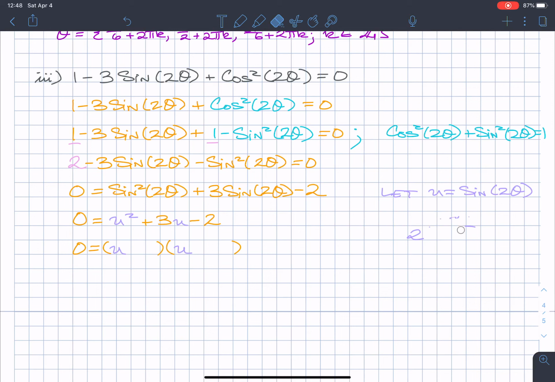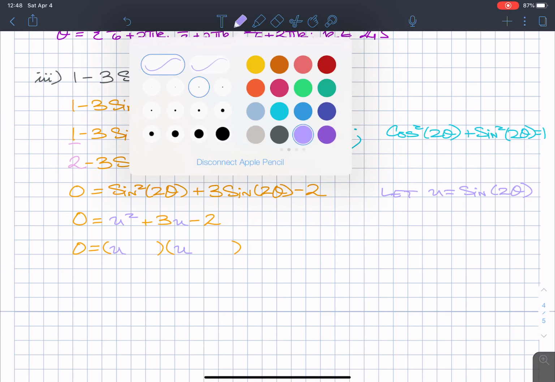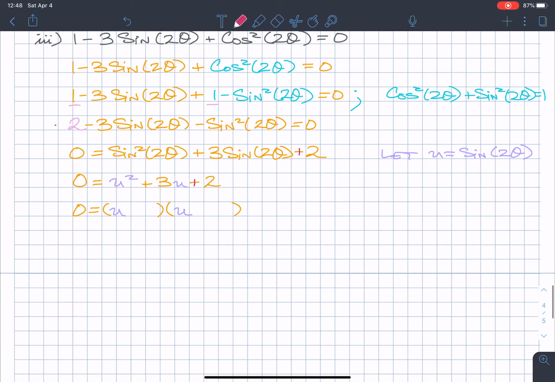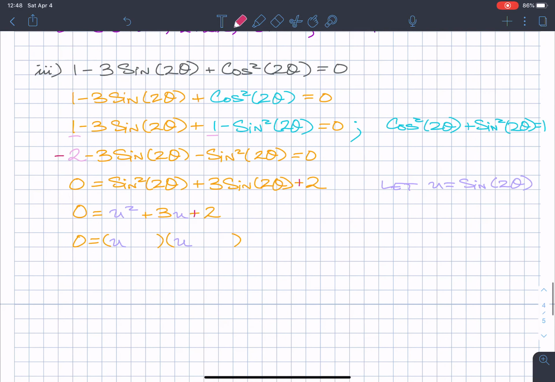So I'm going to manipulate this backwards so that it works. I would like this to be a positive 2. So this would have to be a negative 2 here, which would mean that this 1, in order to add to 1, would have to be a negative 3.